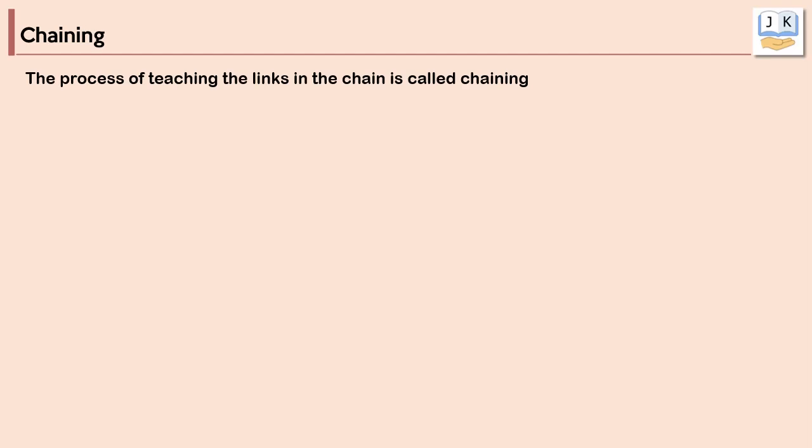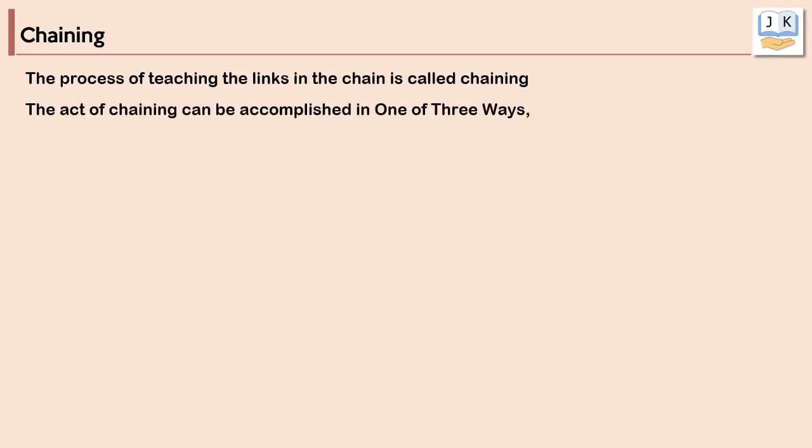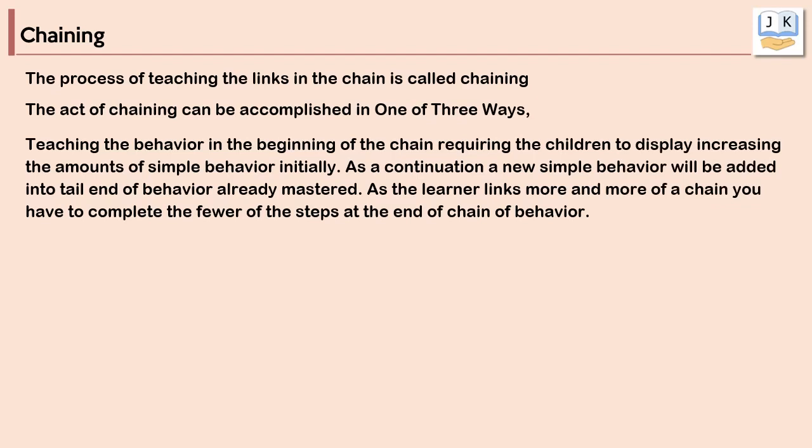The act of chaining can be accomplished in one of three ways. Teaching the behavior at the beginning of the chain, requiring the children to display increasing amounts of simple behavior initially. As a continuation, a new simple behavior will be added to the tail end of the behavior already mastered.